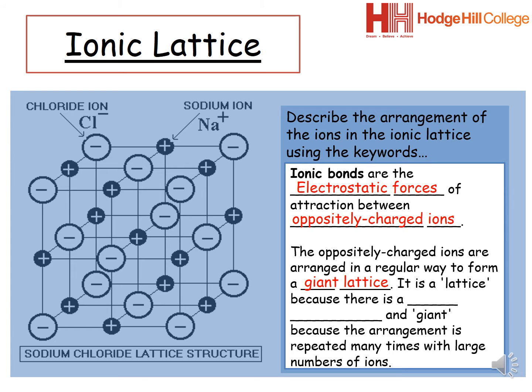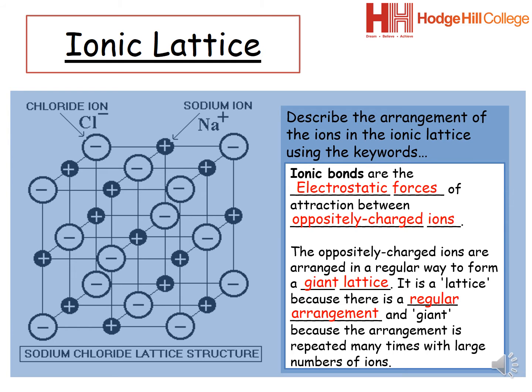It is a lattice because there is a regular arrangement, and giant because the arrangement is repeated many times with a large number of ions. As you can see, you have a lot of ions. You have about 6 chloride ions surrounding each sodium ion, and the other way around, you have 6 sodium ions surrounding the chloride ions.